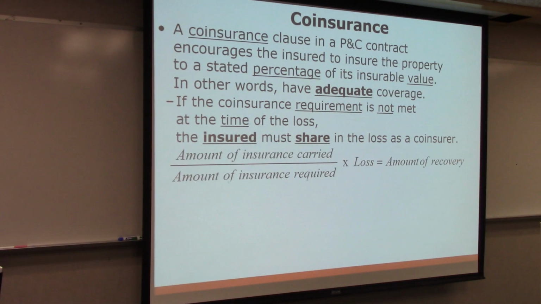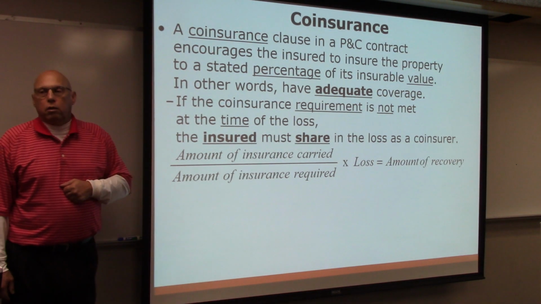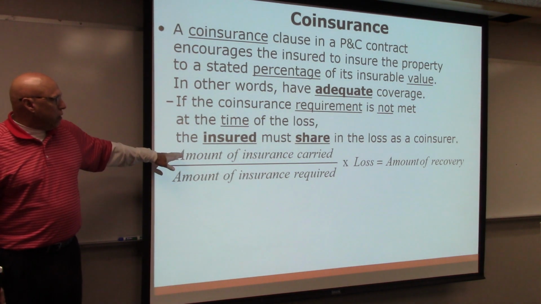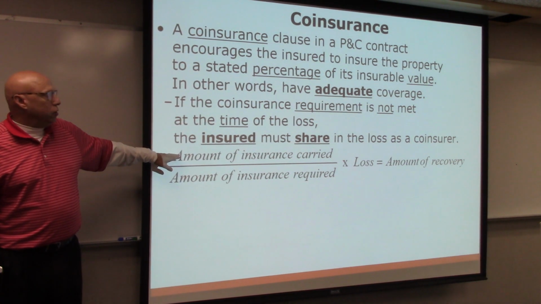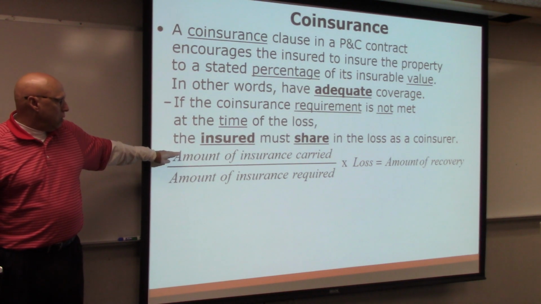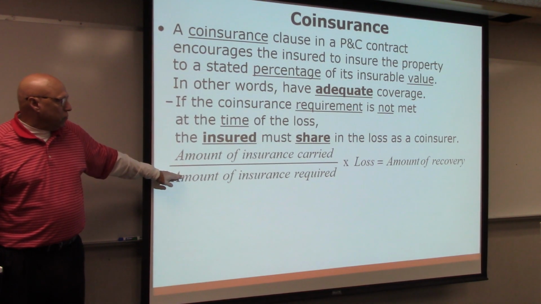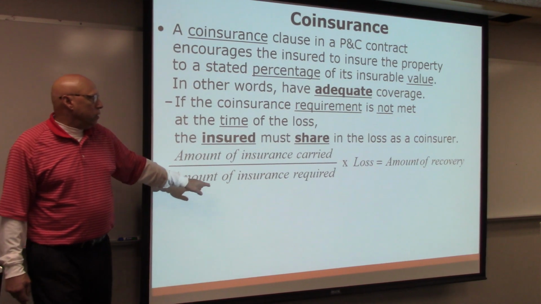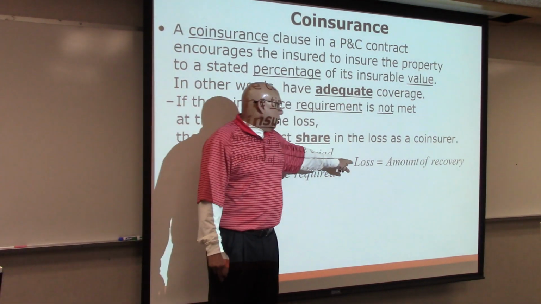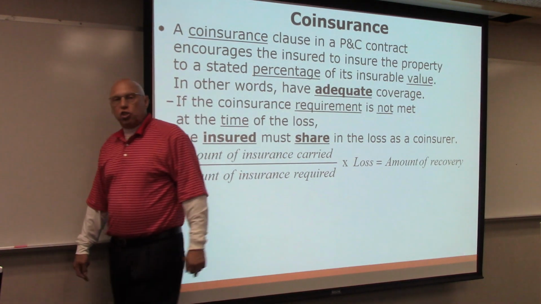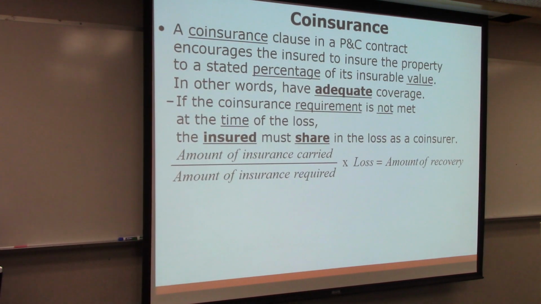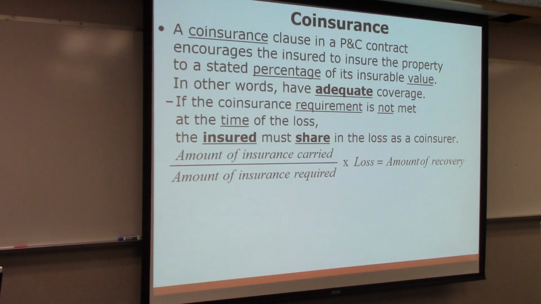So here's a formula. You're going to have to do a little calculation, not difficult. You take the amount of insurance that you actually have divided by the amount of insurance that is required in the co-insurance clause, and you multiply that by the loss to see what the customer is going to have to cover.